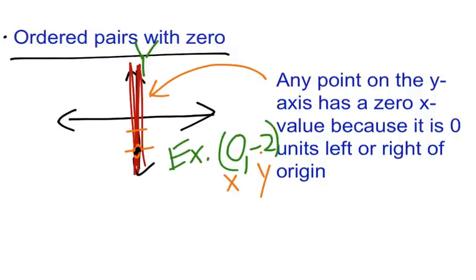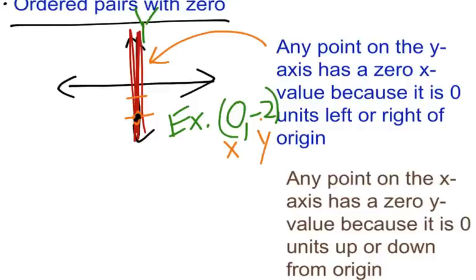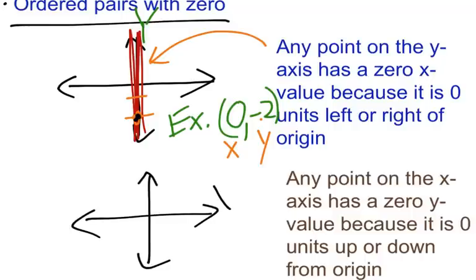Now, what do you think is true if we're talking about an ordered pair that's on the x-axis? What must be true? And if you said that the y value must be 0, you are correct. So we'll just draw another quick sketch for that one. So draw a short little y-axis there, small x-axis, and we'll label the x. I'm going to highlight the x-axis, the horizontal one.